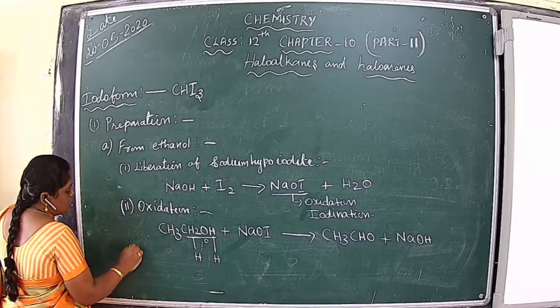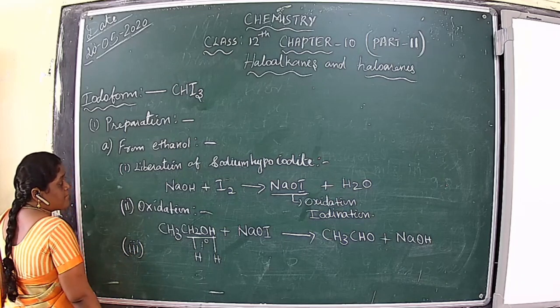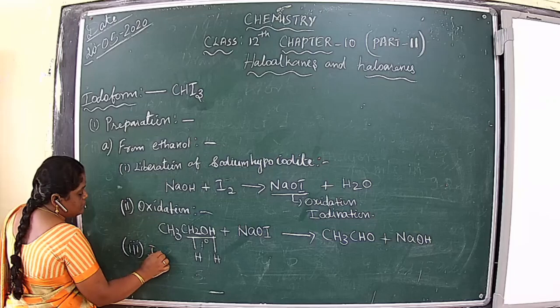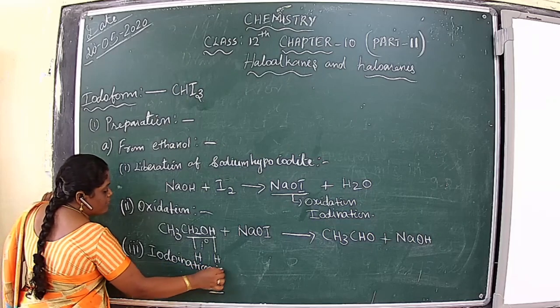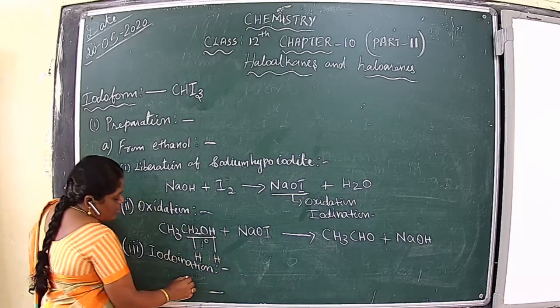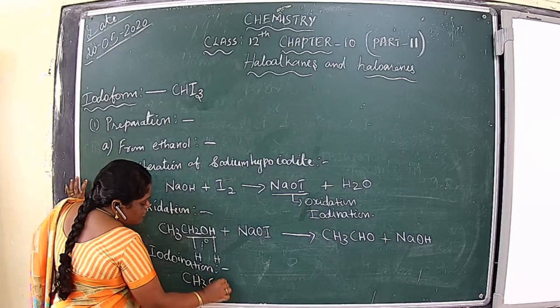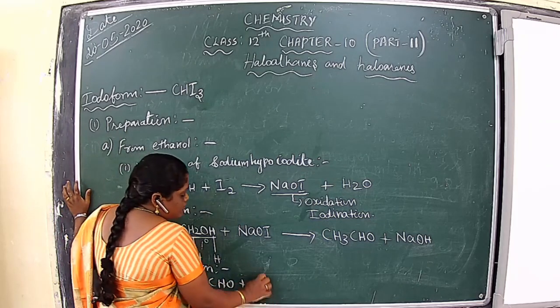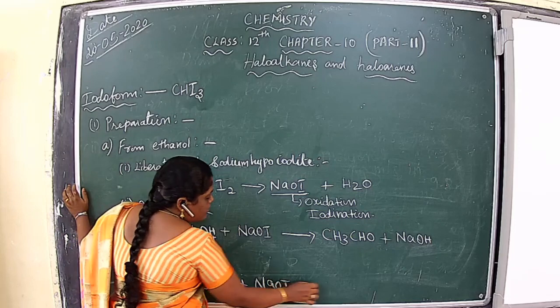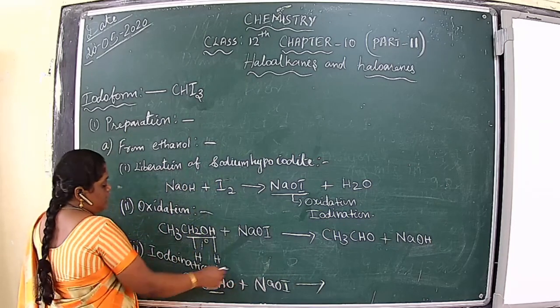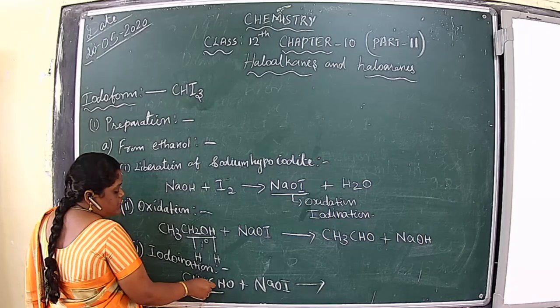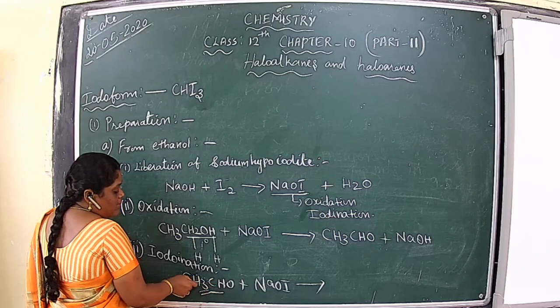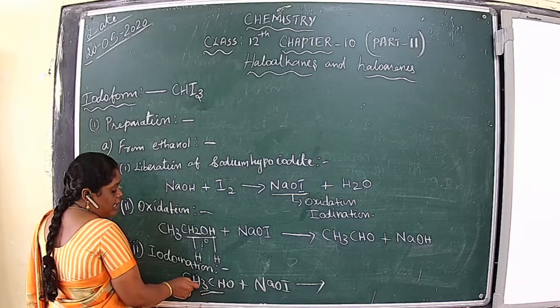Then the third step is iodination, or the iodoform reaction. The acetaldehyde we got undergoes iodination with sodium hypoiodide. It attacks the alpha hydrogens. Already I told you iodination means it can attack the alpha hydrogen.